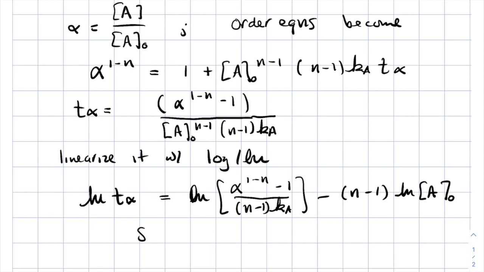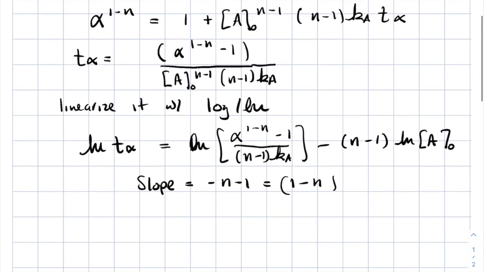So the slope equals minus n minus 1. In other words, it's 1 minus n, right? So that's pretty handy. Okay, so let's think about how we have to do this, because it's a little bit tricky.